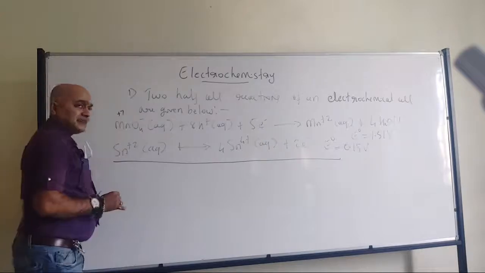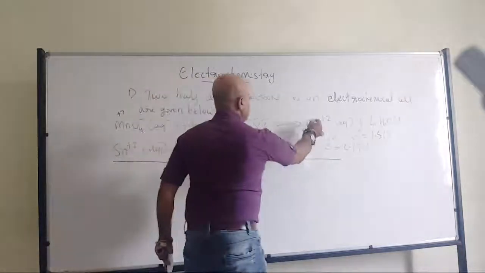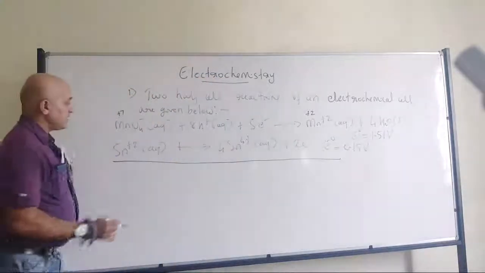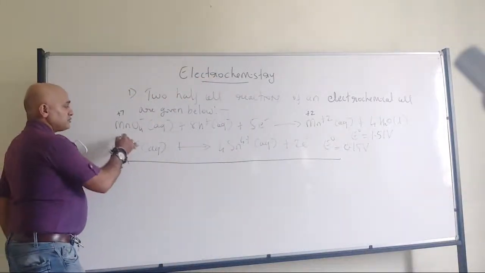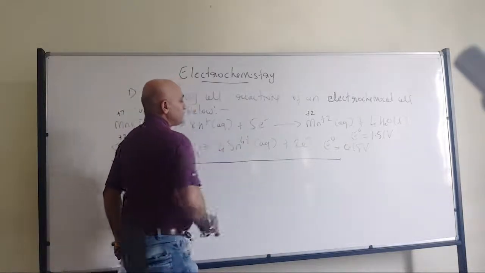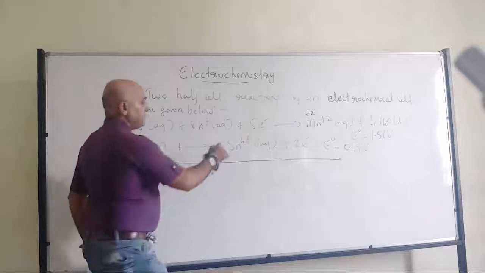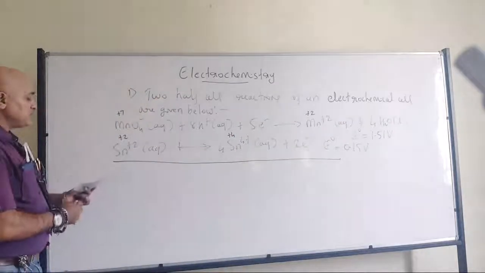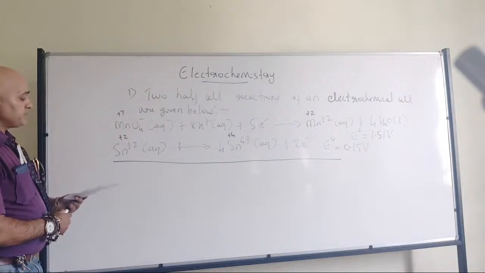It is +7. So from +7 it is becoming +2. Here the tin is +2, which is the oxidation state. Now it is becoming +4. All of you will agree with that.